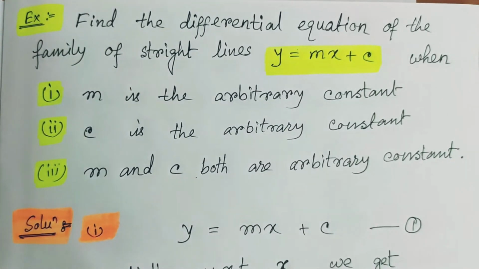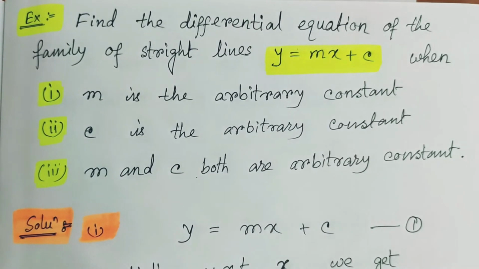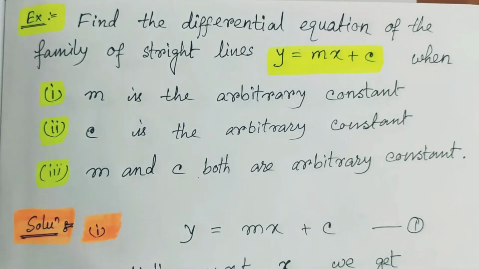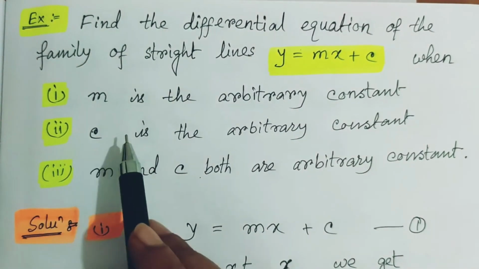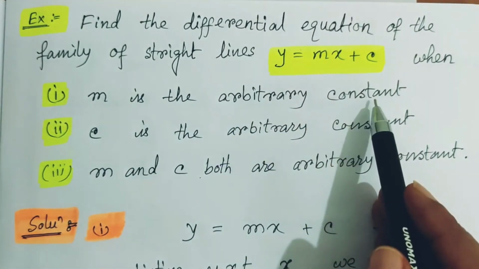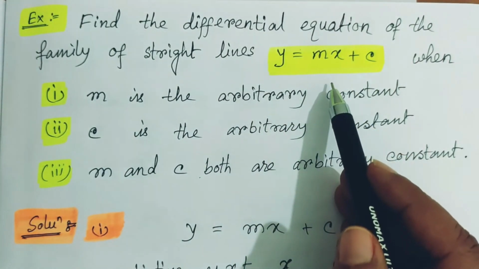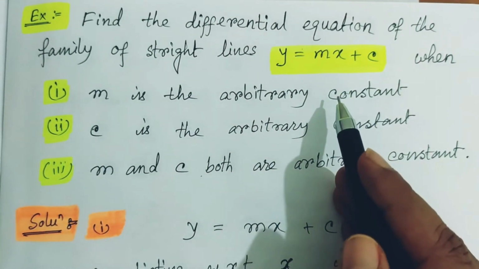This equation is given and we are supposed to find the differential equation for this function. Here m is the slope and c is a constant. In the given question, suppose m is an arbitrary constant. When m is an arbitrary constant, what should its differential equation be?